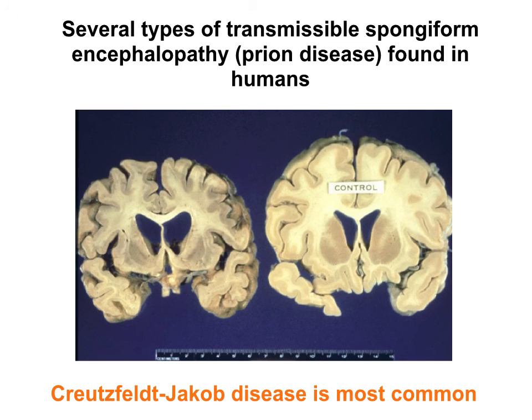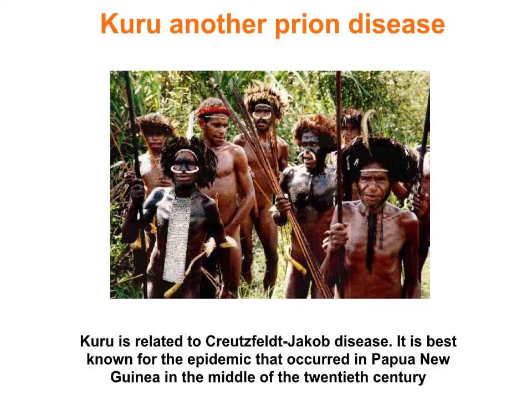This is what prion disease looks like in humans. Creutzfeldt-Jakob disease is the most common prion disease in humans. Kuru is another human prion disease. It's best known for its epidemic levels in certain indigenous tribes in Papua New Guinea, who practiced, at least until about 40 or 50 years ago, the ritualistic consumption of dead relatives, cannibalism, as part of their funeral rites.